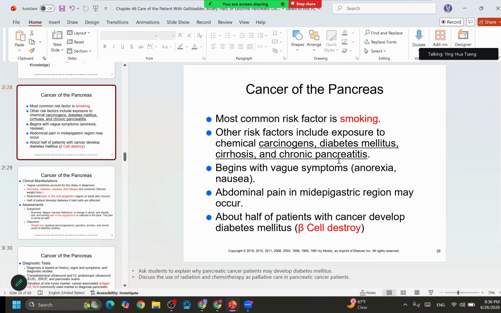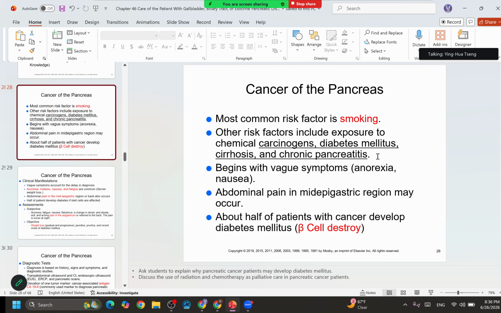And with a diabetic patient, because the immune system is low, they are under bacterial and viral attack more easily. That's why it causes cancer easily. Cirrhosis and chronic pancreatitis can also trigger it. But anyway, because it's a cancer, the cancer is destroying the pancreas.